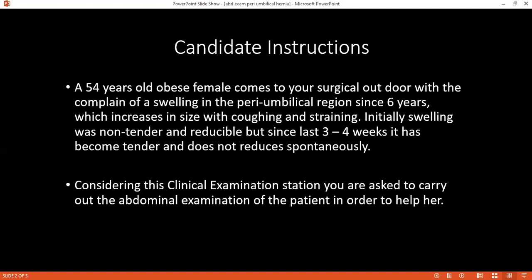Considering the current condition of the patient, would you recommend using mesh or laparoscopic mesh here? Yes, I would prefer a laparoscopic mesh, ma'am. Why? Because of her size, because she's obese, the possibility of doing a primary tissue repair and failing is higher. So putting a mesh to augment the defect is better.